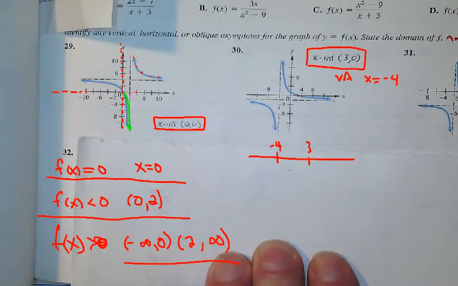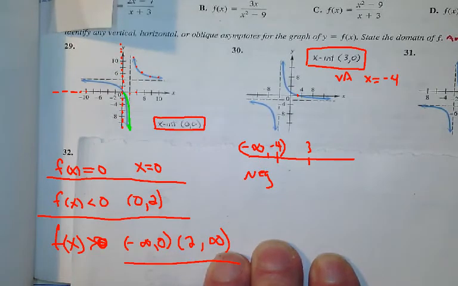Now, you can tell that everything on the left-hand side here is negative. All of this between negative infinity and -4, the whole thing, is all negative. You agree?